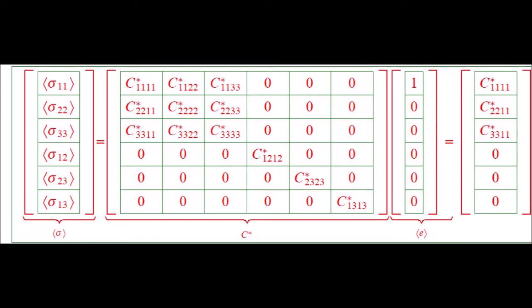If we just multiply this 6 by 6 matrix with this vector 1, 0, 0, 0, 0, 0, then we obtain the vector on the right hand side, which consists of 3 non-zero elements, and the first of these elements is just equal to the average normal stress in the first direction, as we see on the left hand side of this equation, and the other two are just equal to the average stresses in the second and third direction respectively.